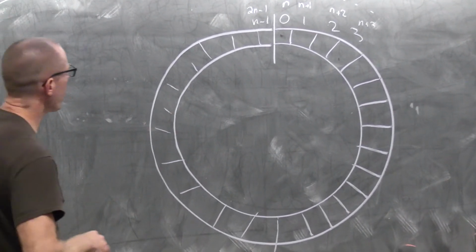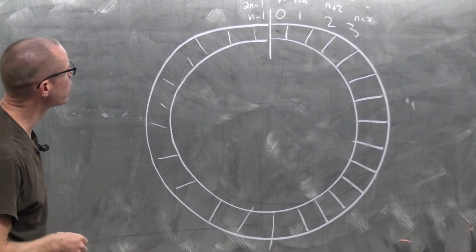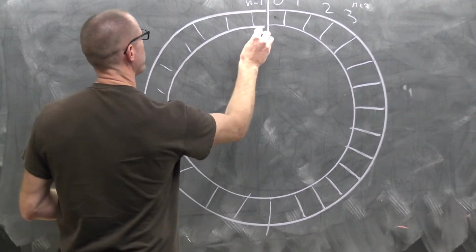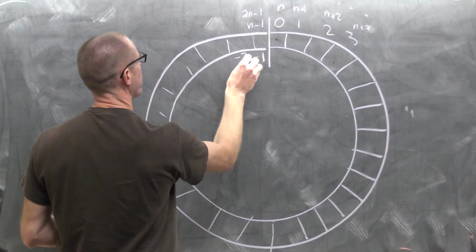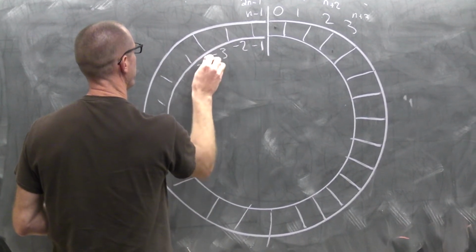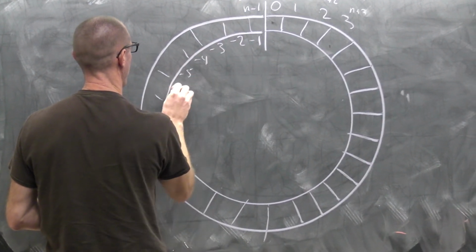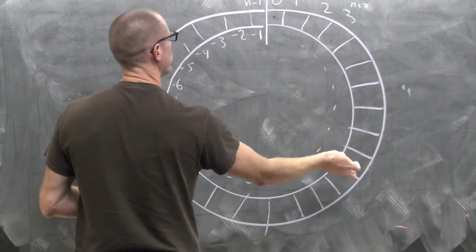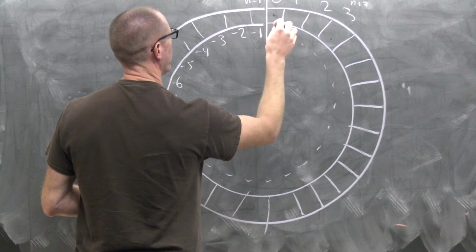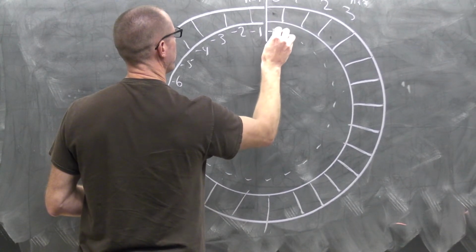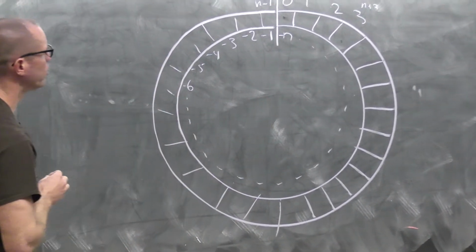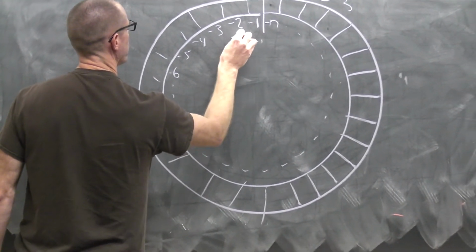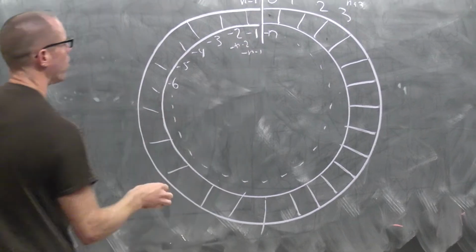And you can even extend that in the other direction, starting at 0 and counting backwards. You can call this thing array index minus 1, array index minus 2, minus 3, minus 4, minus 5, minus 6, down to, this would be minus n. And then here, minus n minus 1, minus n minus 2, and so on.